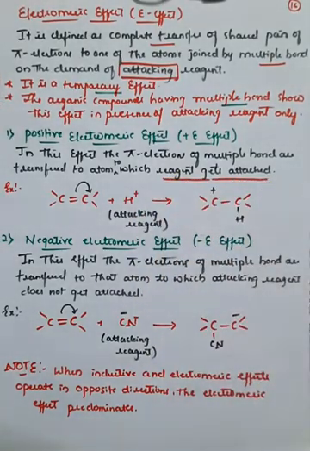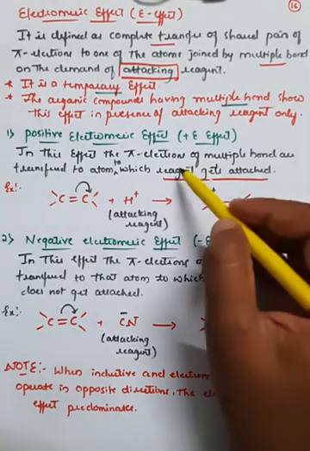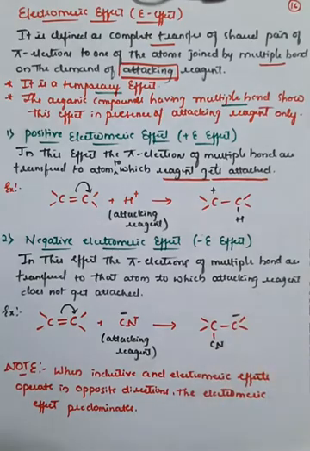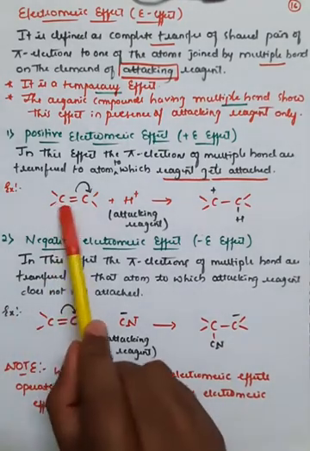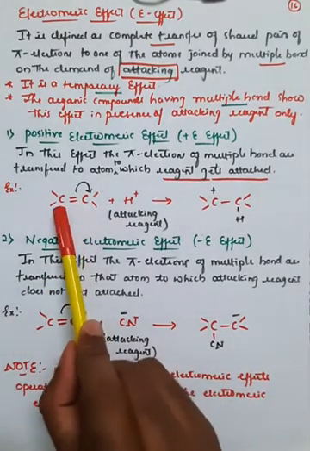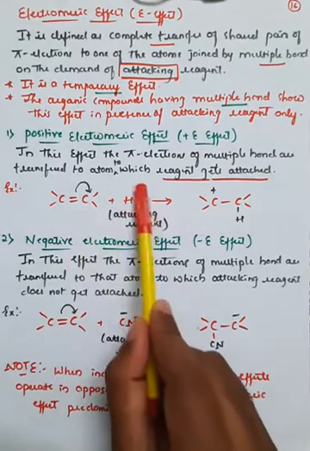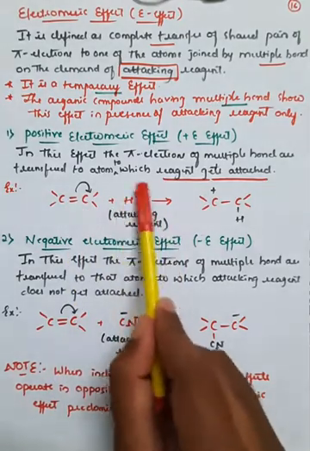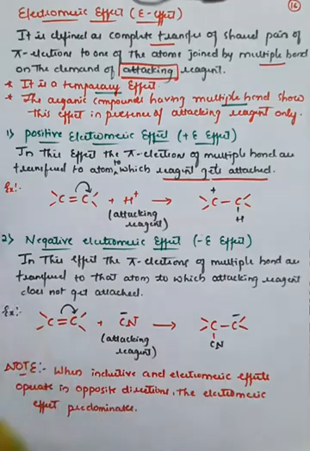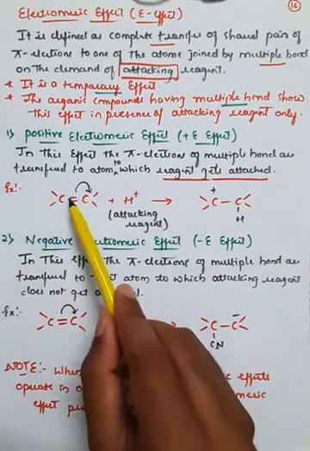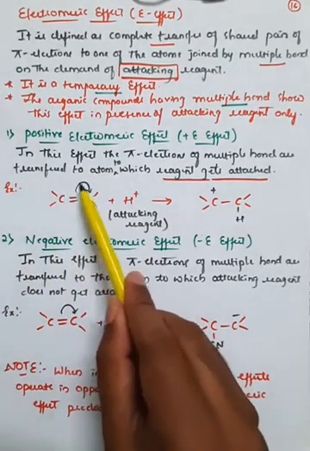So the pi electrons, or the pi bond, are transferred to that atom to which the reagent gets attached. If you take the example here, a carbon-carbon double bonded molecule, under the influence of the attacking reagent, that is H plus ion, there is a shifting of this double bond onto the carbon atom.